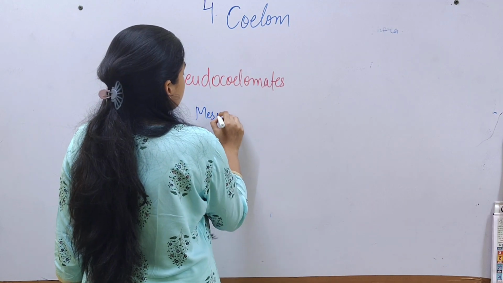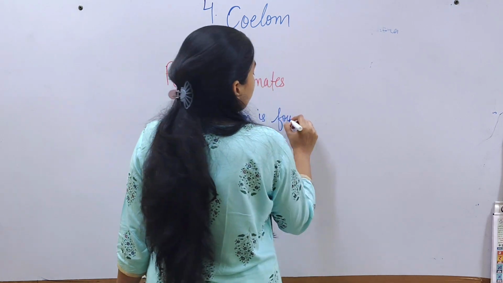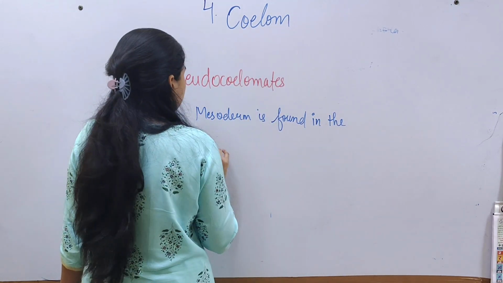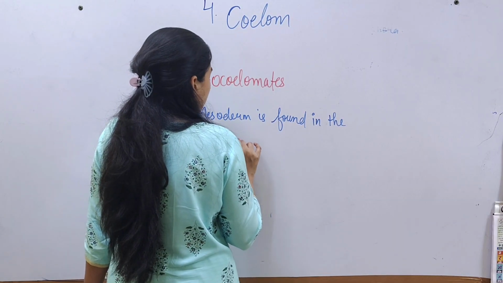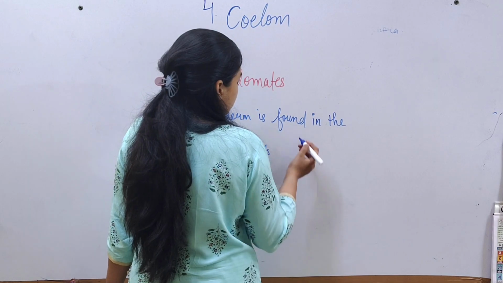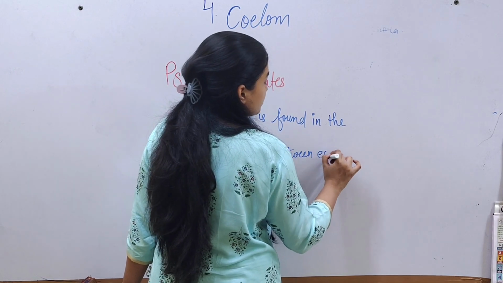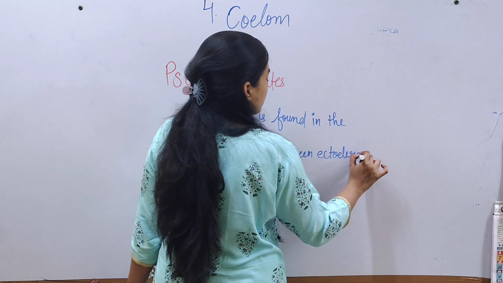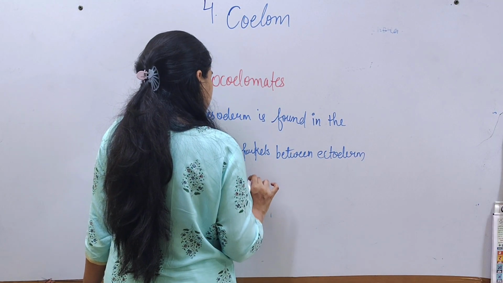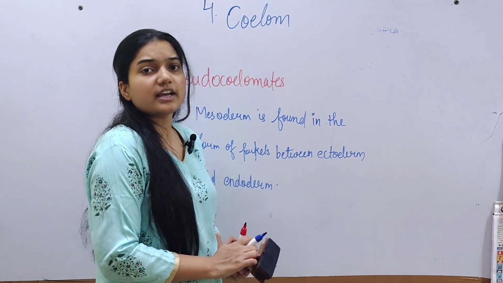Mesoderm is found in the form of pouches or packets between ectoderm and endoderm. An example of pseudocoelomates is aschelminthes.